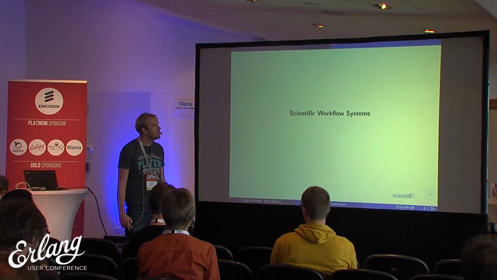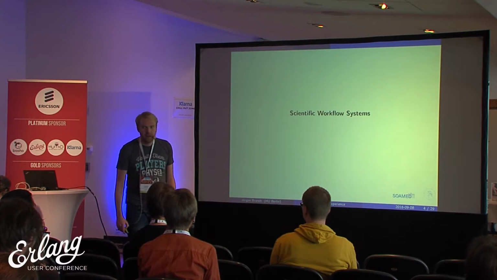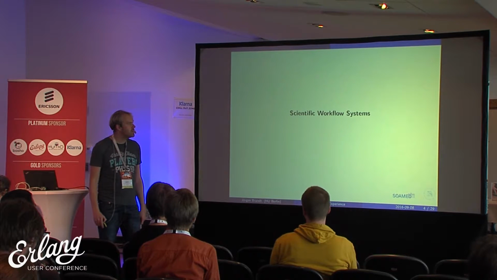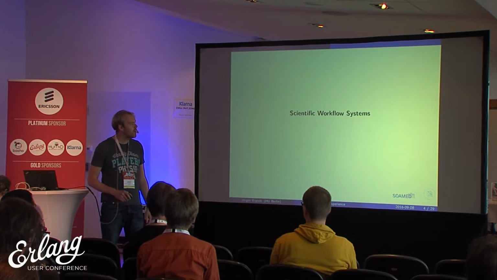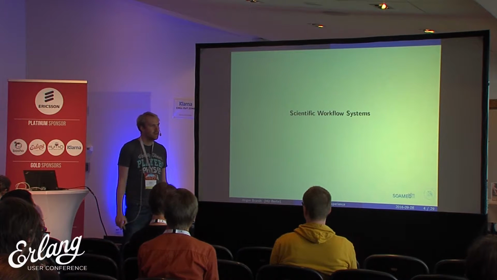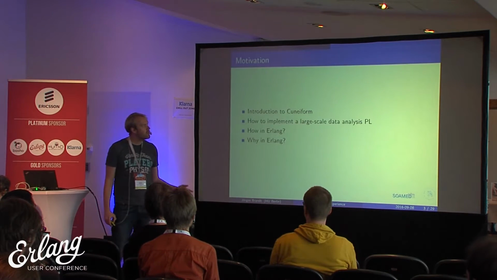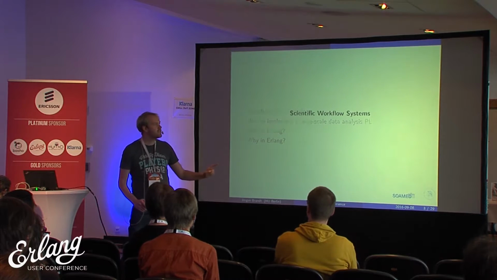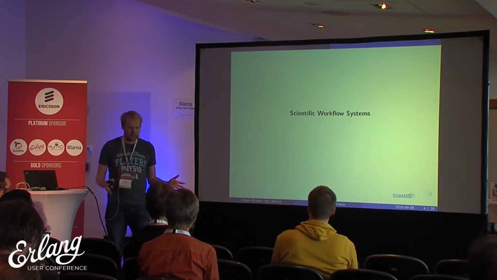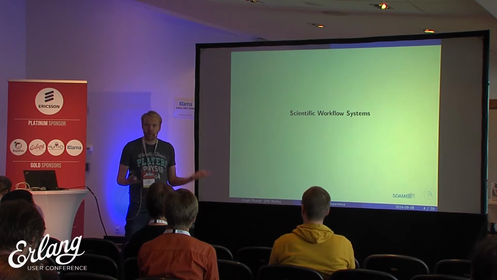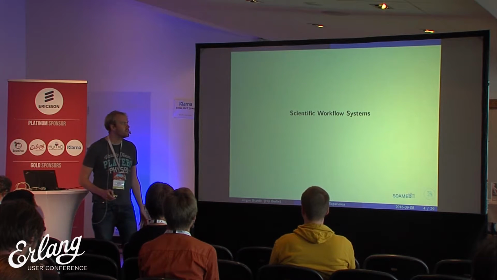And so, first of all, I want to introduce you to the term of a scientific workflow system, because when you want to do large-scale data analysis, your go-to kind of programming model would be scientific workflows.